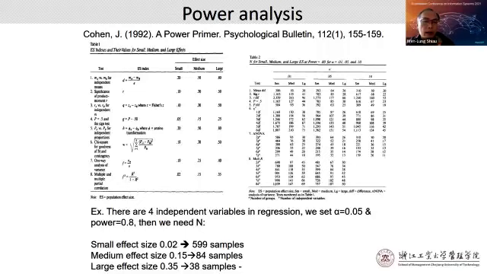We set the alpha 0.05 and the power 0.8. The samples we need: for the small effect, 0.02, we need 599. For the medium effect, 0.15, we need 84. For the large effect, 0.35, we only need 38 samples.